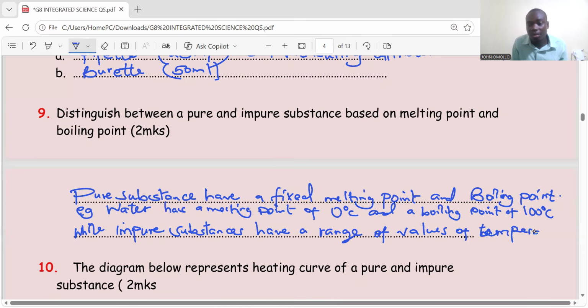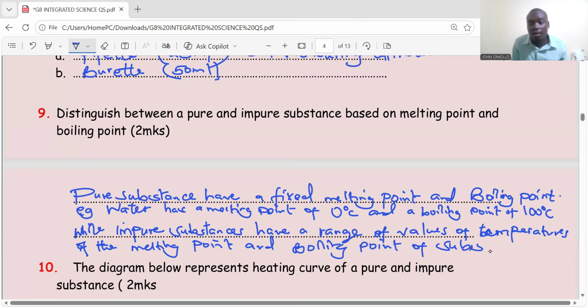Let's talk about temperatures of the melting point and boiling point of substances. So it means that there is a range of values of temperatures.